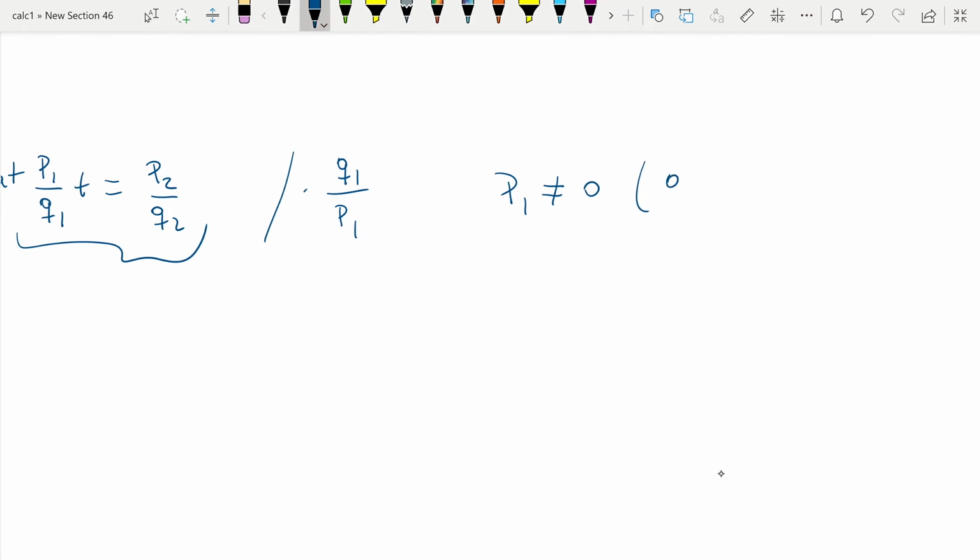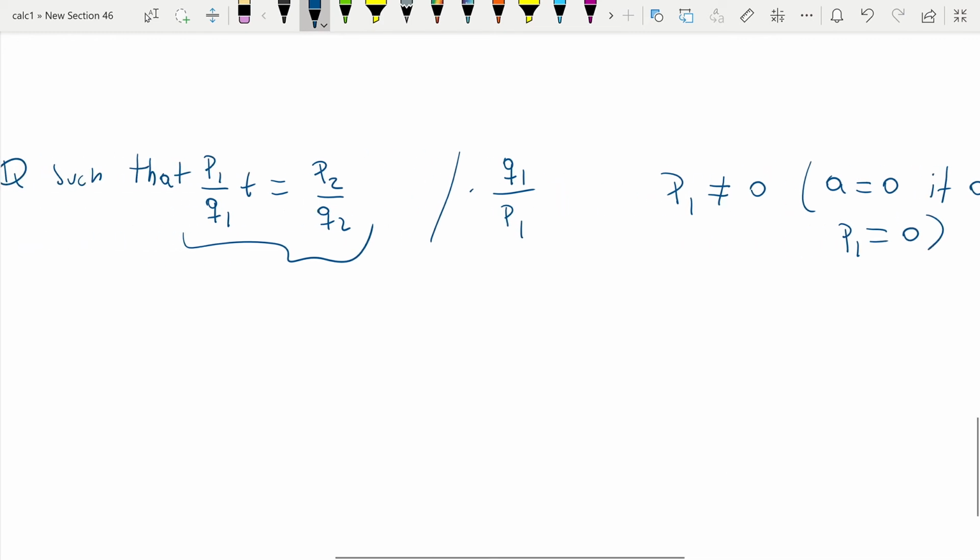So the rational number A is equal to 0 if and only if the numerator is equal to 0, so if and only if P1 is equal to 0.